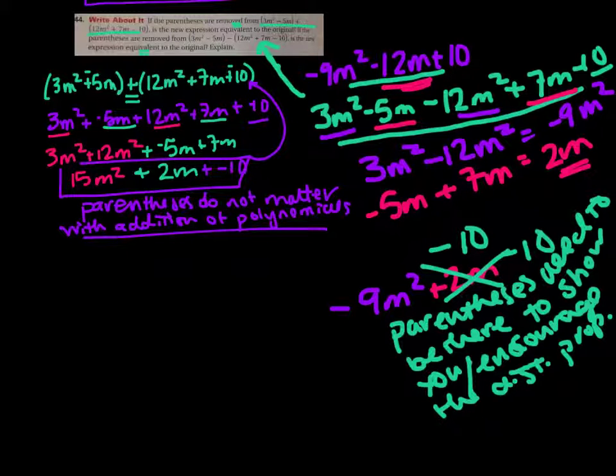Without that distributive property, without transferring that negative 1 to each one of these terms, the 12m squared, the 7m, and the negative 10, we will have a different answer. So the parentheses do not matter for addition equations, but they do matter for the subtraction equations. That's a big takeaway from this.